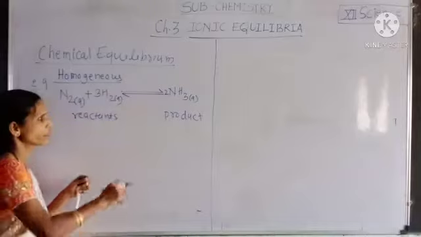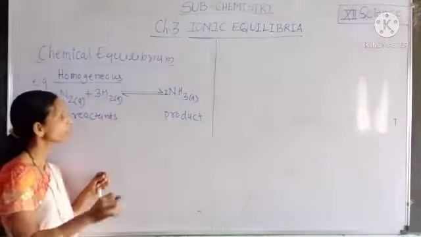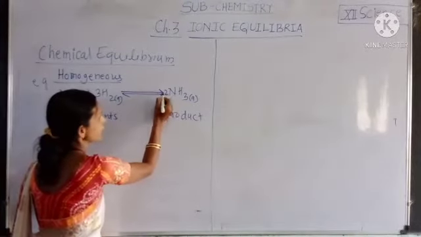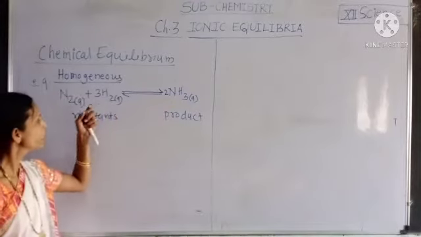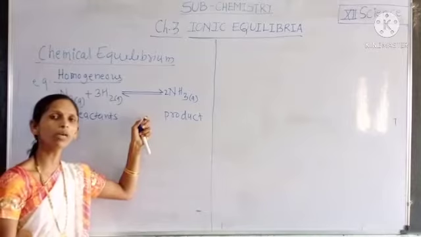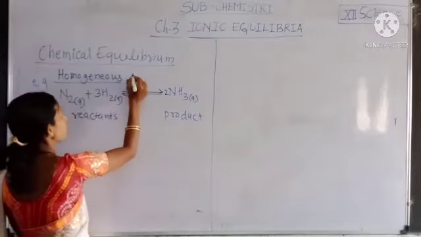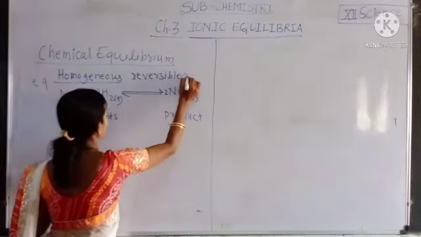And this process is reversible. Therefore two half arrows are used to indicate that this chemical process is a reversible chemical reaction. That means it is a homogeneous reversible reaction.